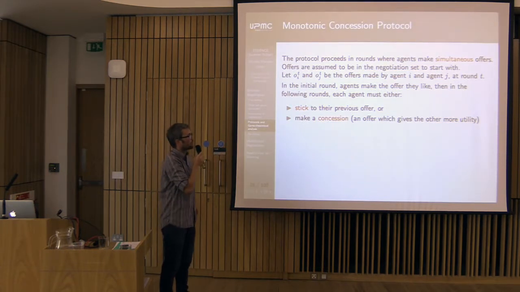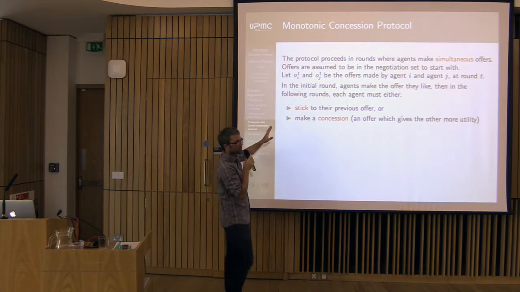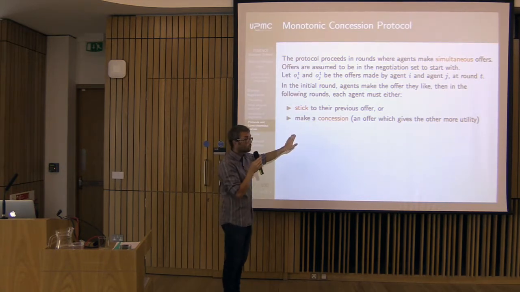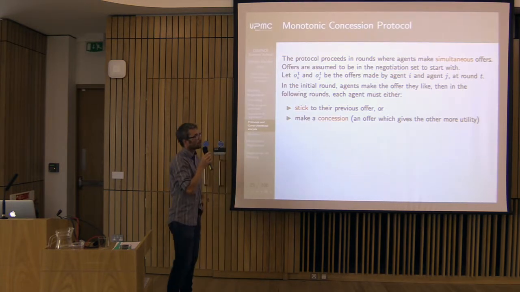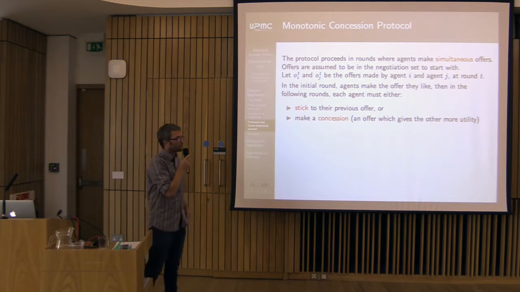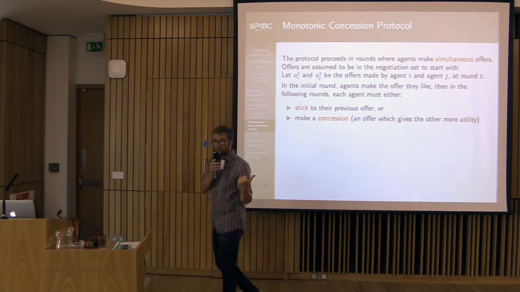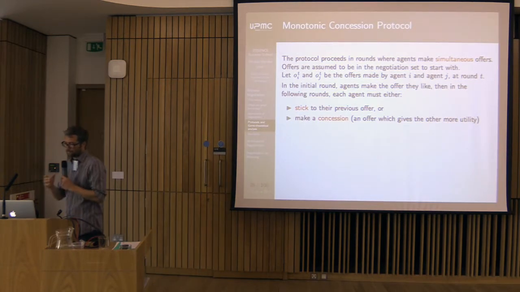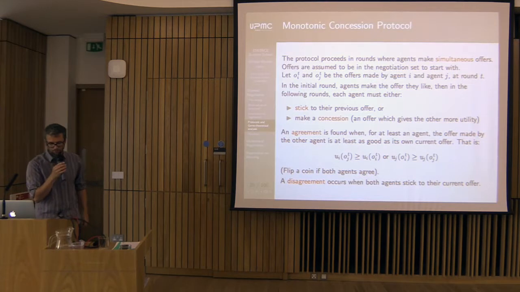In the initial round, agents make the offer that they like, and then they must do one of two actions. Either they stick to the previous offer, or they make a concession. And what is a concession? A concession is an offer which will give the other more utility. This is how it is defined in this protocol.